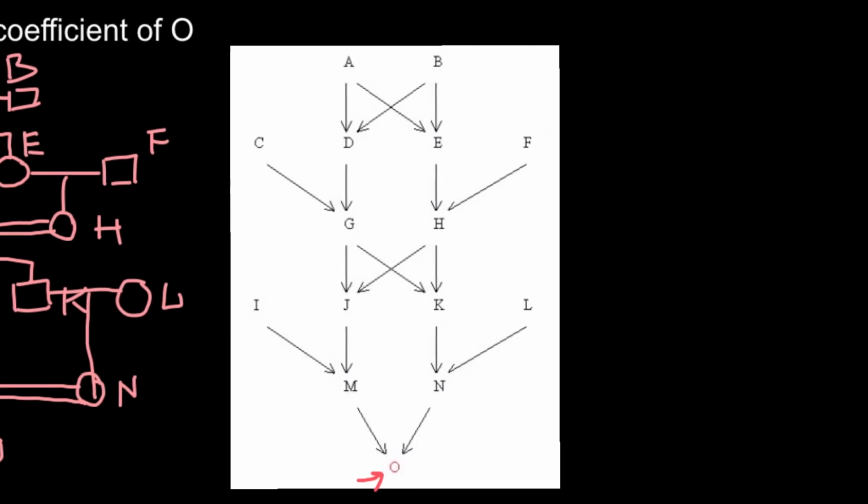In this video I want to use a formula that you saw before, but it's going to be slightly modified. Here's the formula: F of O, the inbreeding coefficient of individual O, equals sigma of 1/2 to the power of n plus 1.